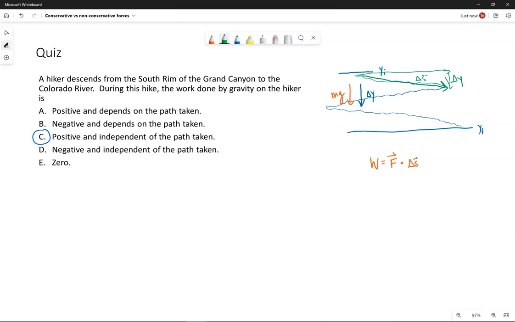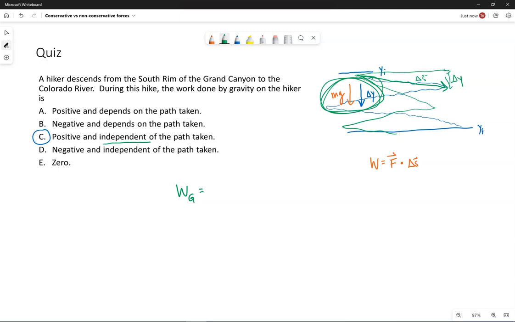So the work done by gravity here is positive simply because the force and the displacement are in the same direction. And it is independent of the path taken, because even if our path was steeper and we didn't meander so much, if the path had a larger angle of incline, the work done by gravity would still be equal to mg times delta y.